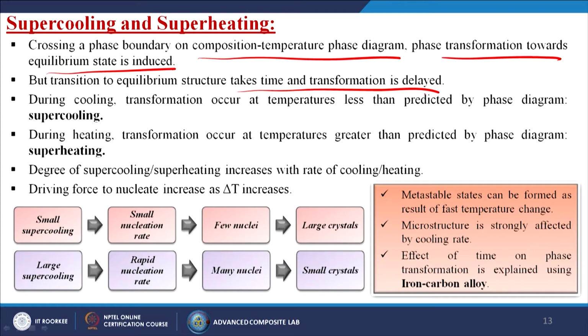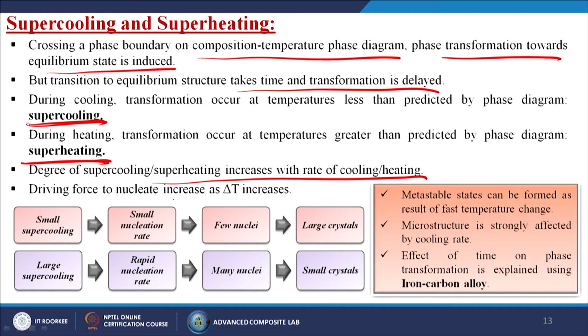During cooling, transformation occurs at a temperature less than that predicted by the phase diagram; that is known as supercooling. During heating, transformation occurs at a temperature greater than that predicted by the phase diagram; that is known as superheating. Degree of supercooling and superheating increases with the rate of cooling and heating.